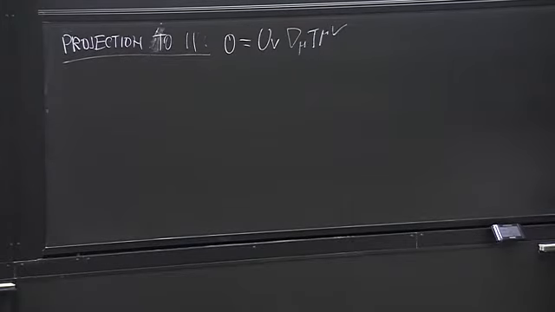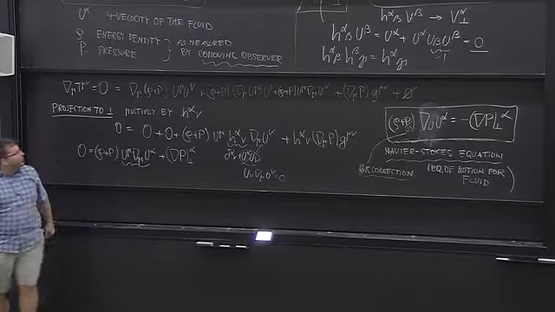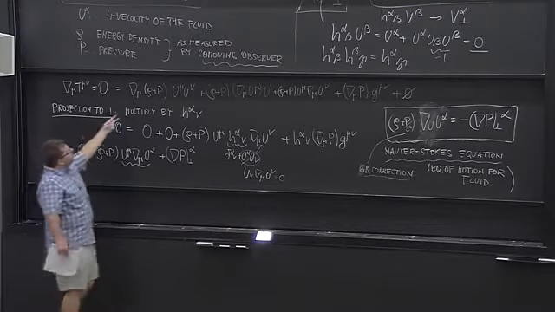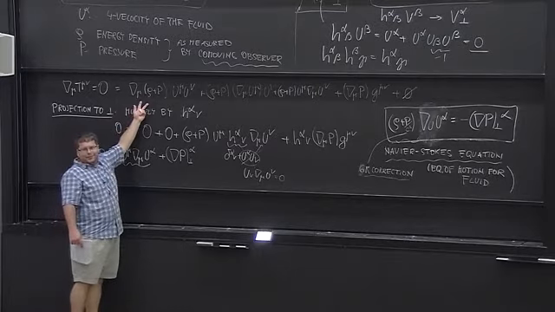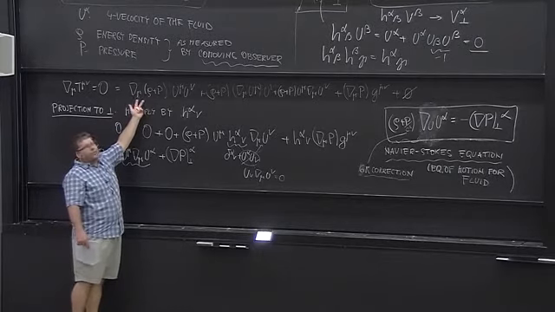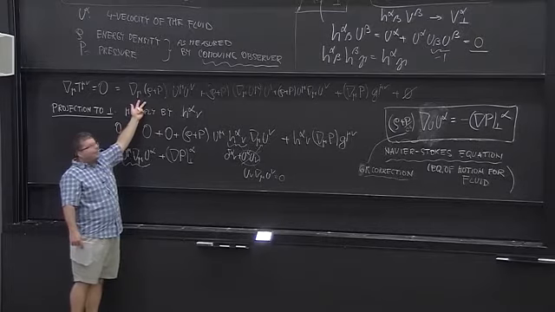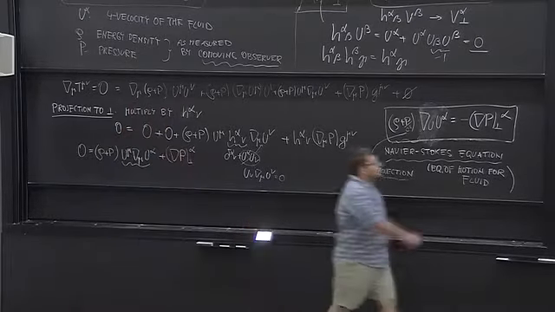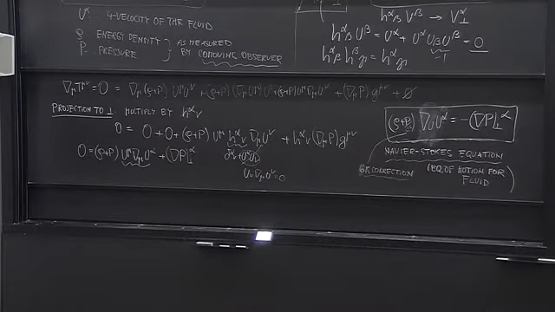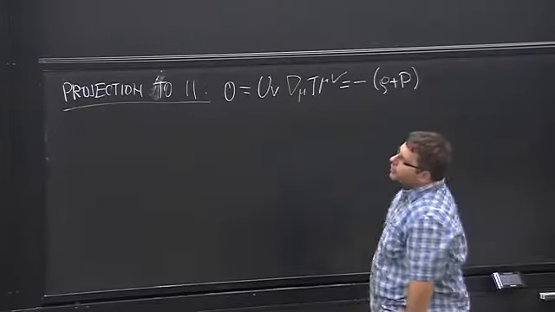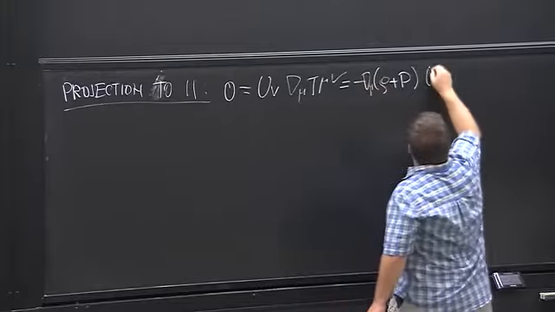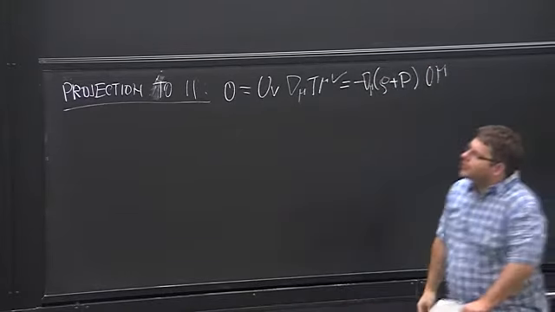What do I get from the first term? If I multiply by u nu, this guy with that guy gives me minus 1. So this is equal to minus rho plus p, and then nabla mu u mu. That's the first term.